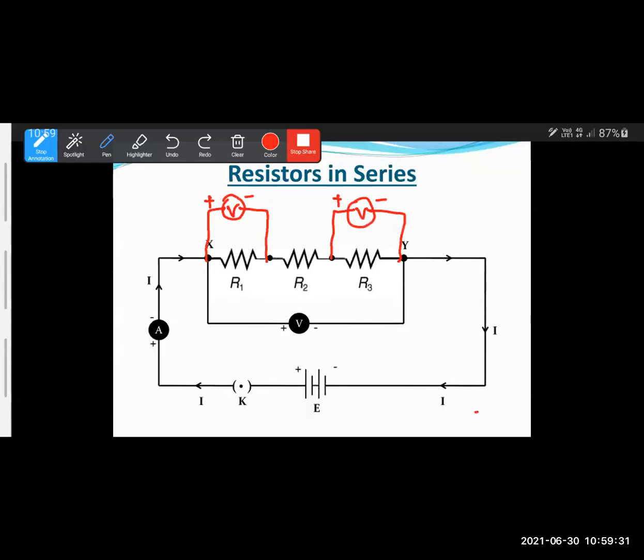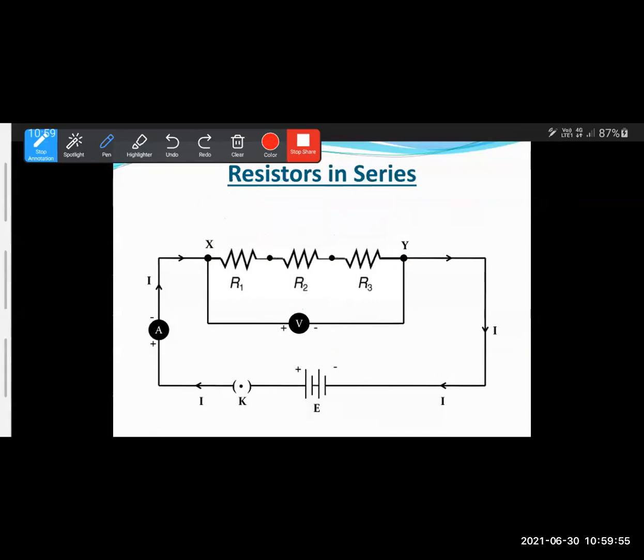It will measure the voltage across resistance R3. Now if you look at this voltmeter over here at the bottom, what is it doing? It is measuring the potential difference between point X and Y. That means it is measuring the voltage across all the three resistors R1, R2 and R3.